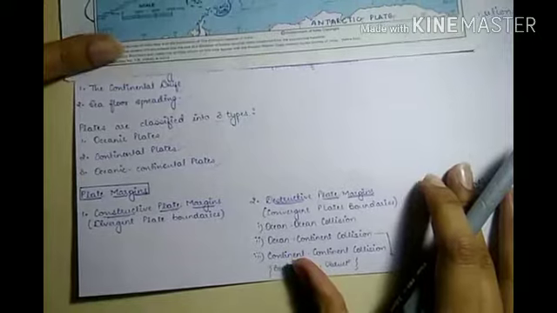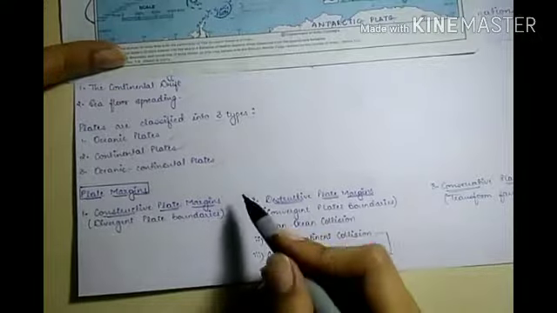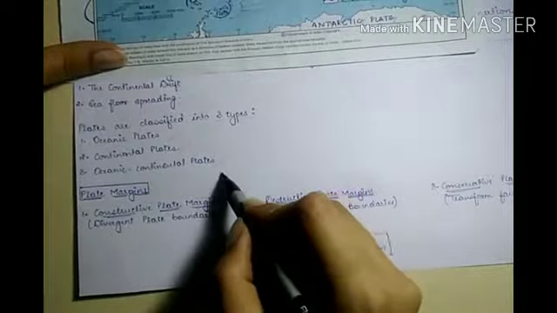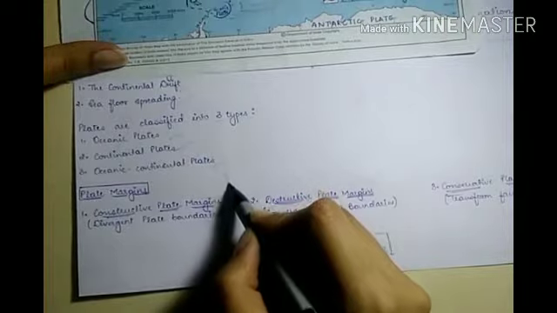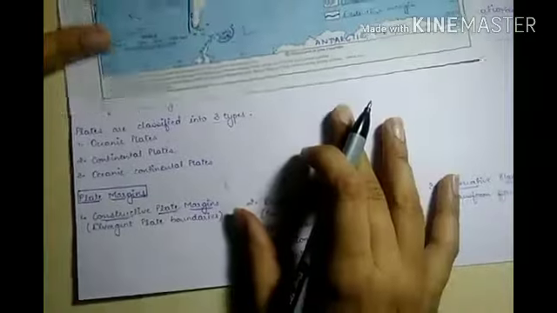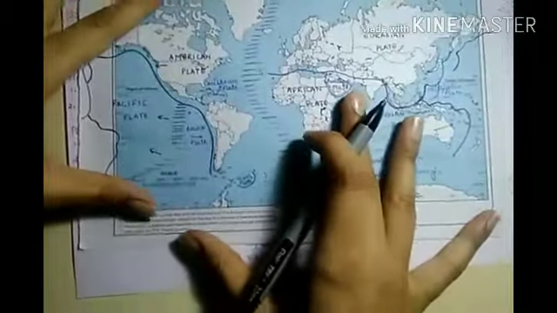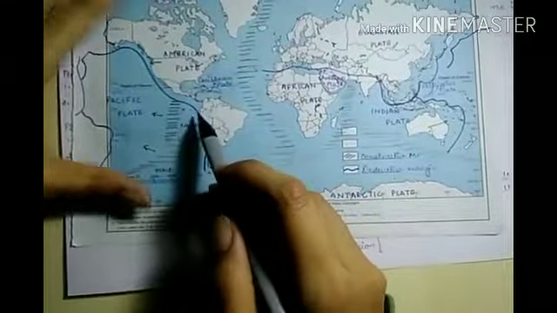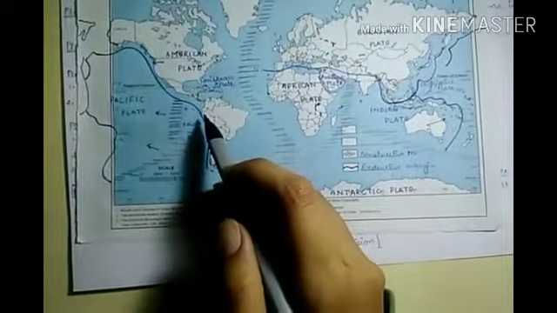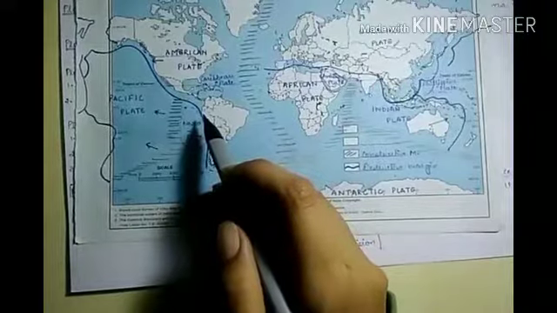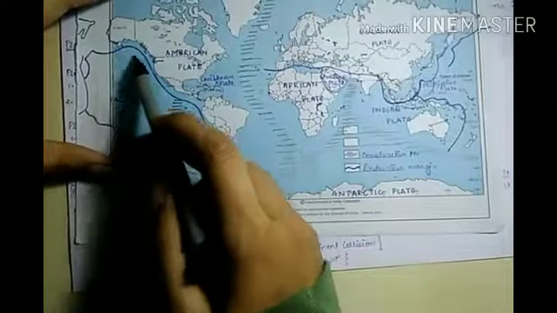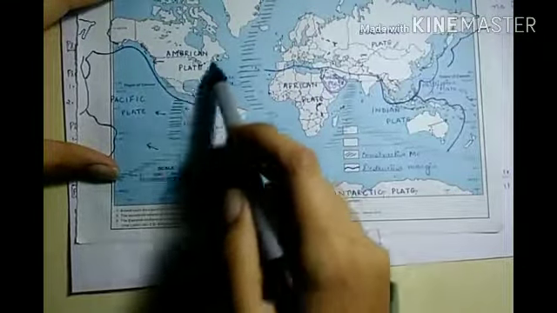Now we will study about plate margins. Plate margins and plate boundaries are where two plates meet, okay. So see, here this is our Pacific plate, okay, and this is our American plate.